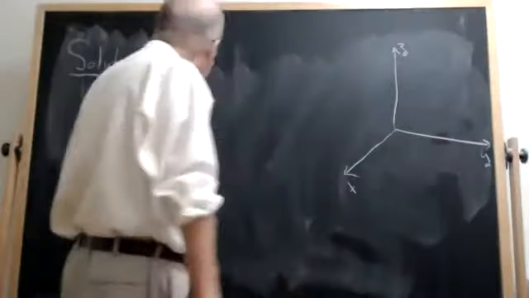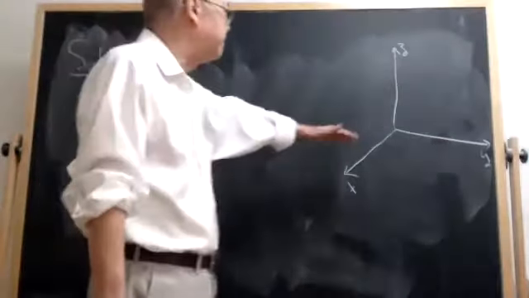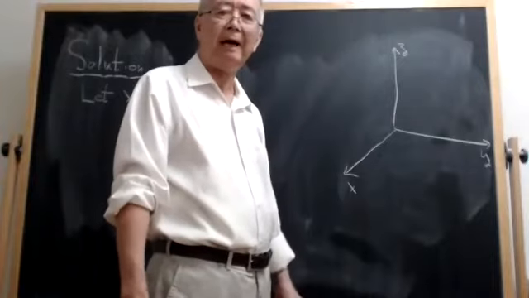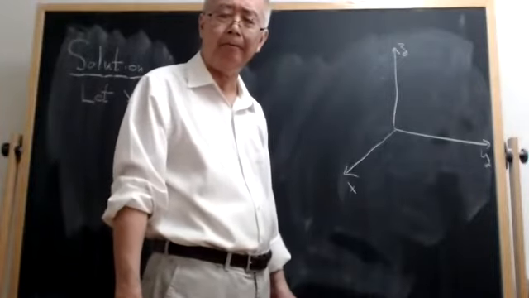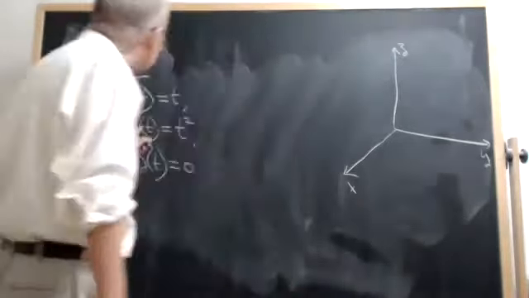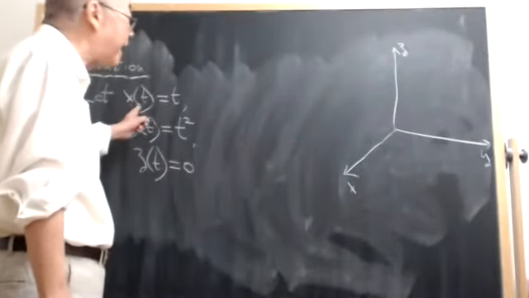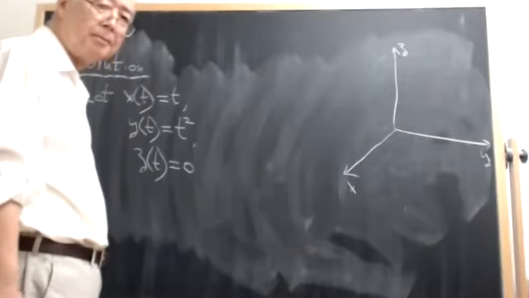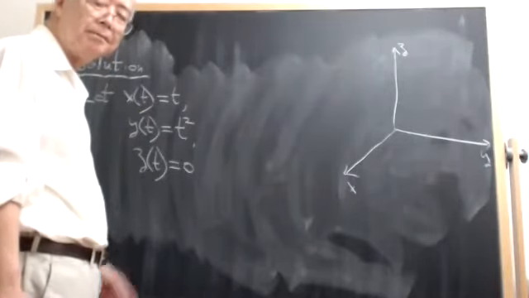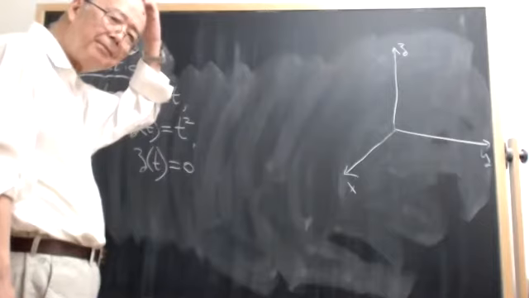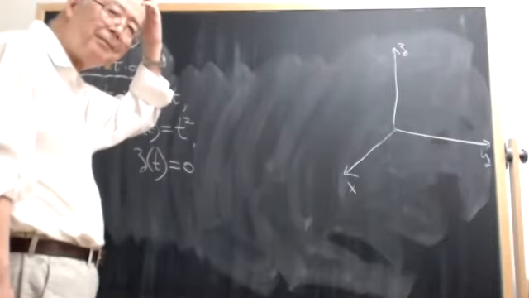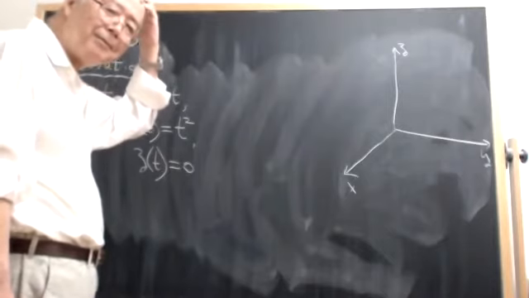No matter what t is, z is 0. So we are on the xy plane. On the xy plane, y is equal to x squared. So what is it? Parabola. Parabola. Okay.